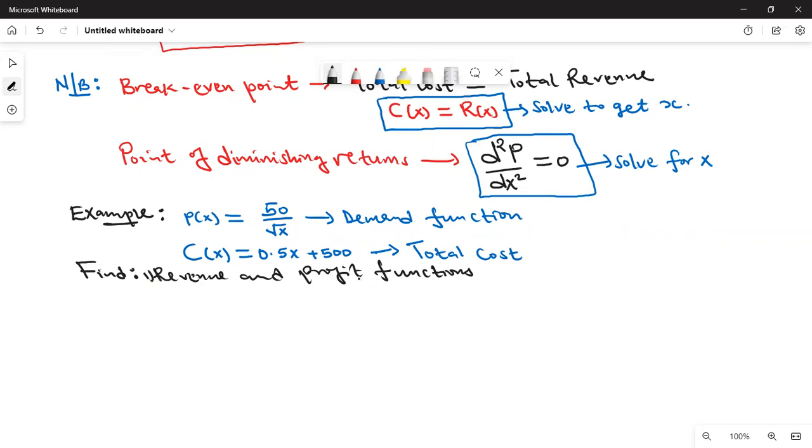Two, we need to find the price per unit that will yield maximum profit.